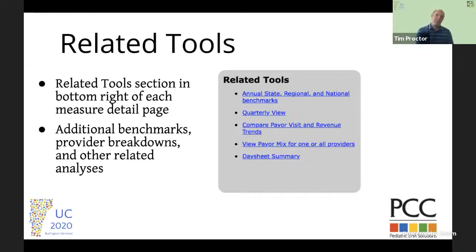You can start looking at your payer mix, at actual charges and payments for a given month, or at state or regional benchmarks. We've added those tools as underlying resources that you can get to, and those are all generally in the related tools section. It's basically other breakdowns, other data, other dashboard pages that we've created over the years.